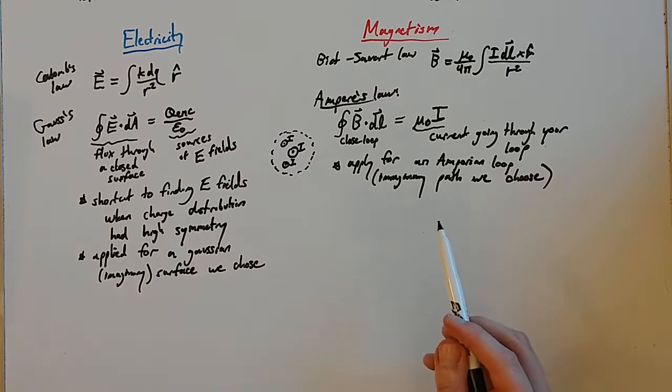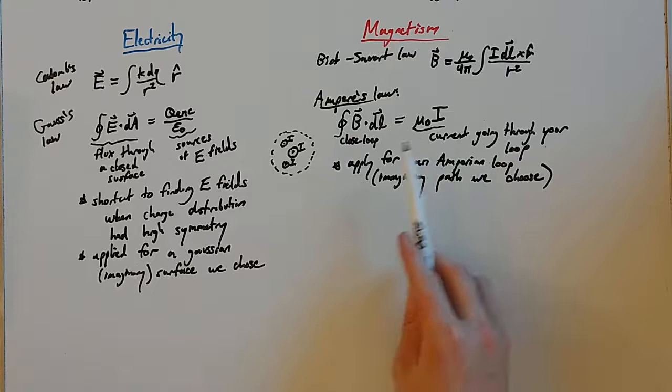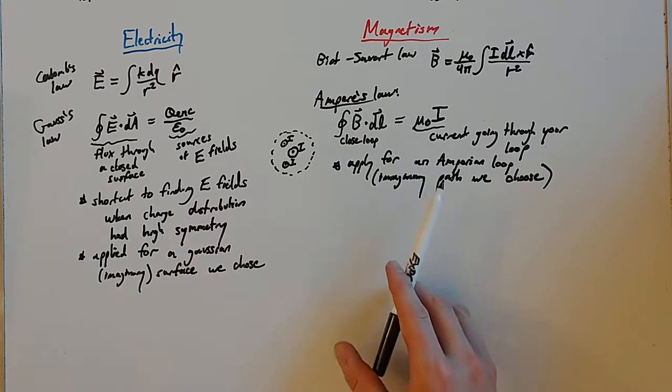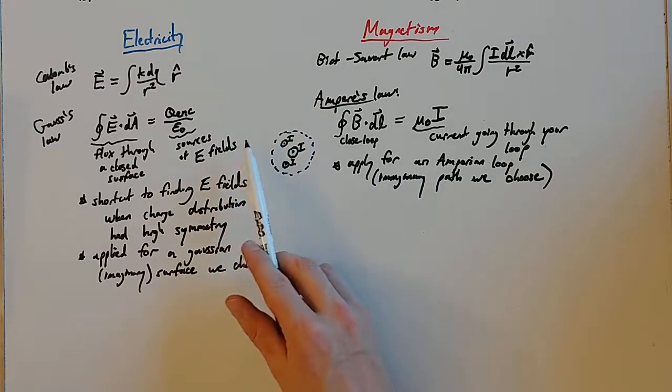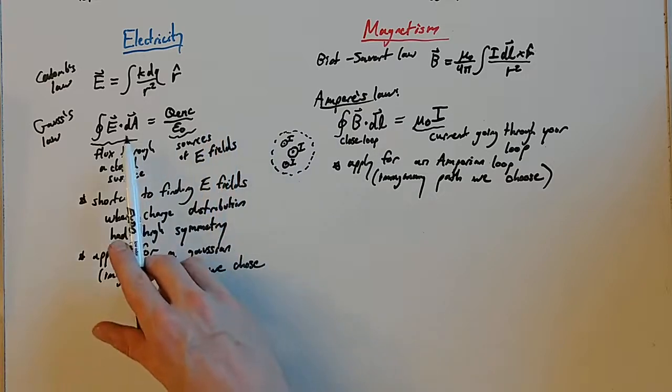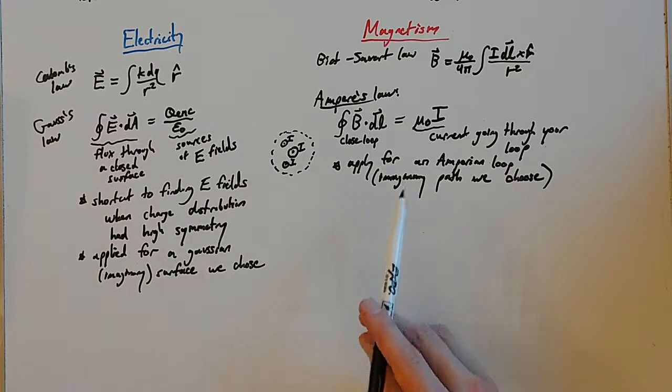I should also mention that the reason we'll be interested in Ampere's law is just like with Gauss's law. Gauss's law was a shortcut to finding electric fields when there was high symmetry.